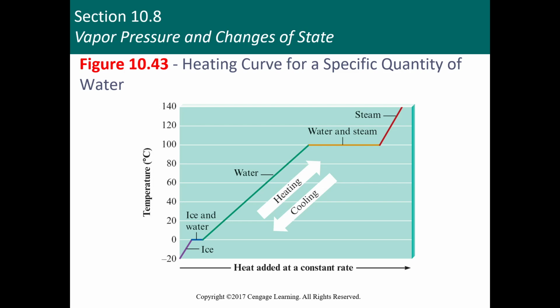We start adding heat, and it's going to slowly start heating up the ice from negative 20 degrees Celsius up to 0 degrees Celsius. Once it hits 0 degrees Celsius, that heat that you're adding isn't going to just be warming up a solid. It's actually going to start breaking the intermolecular bonds, attractions, in that ice crystal.